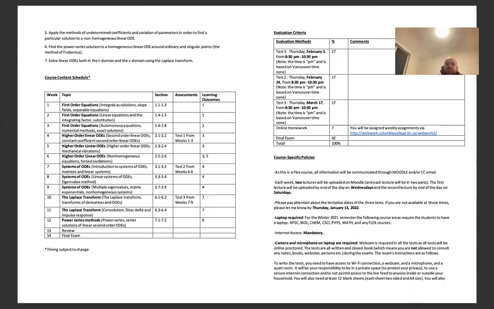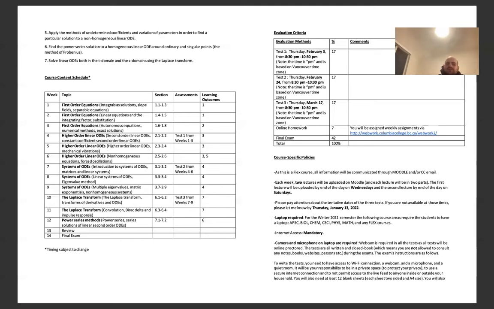Again, second order means the highest derivative appearing in your differential equation is the second derivative. Third order means the highest derivative appearing is the third derivative. So for example, y double prime equals y is a differential equation which is second order, because the highest derivative appearing is the second derivative.